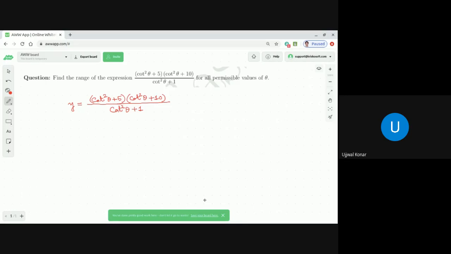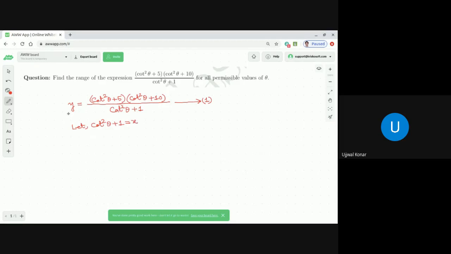Now, dear students, let us assume that cot square theta plus 1 is equal to x.